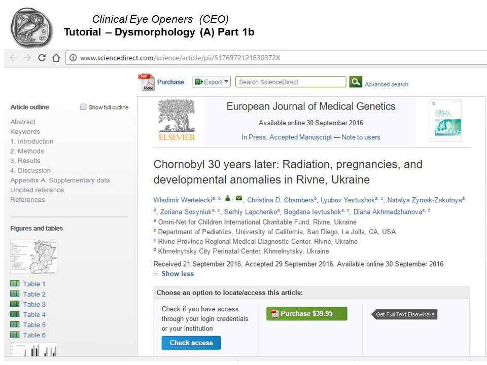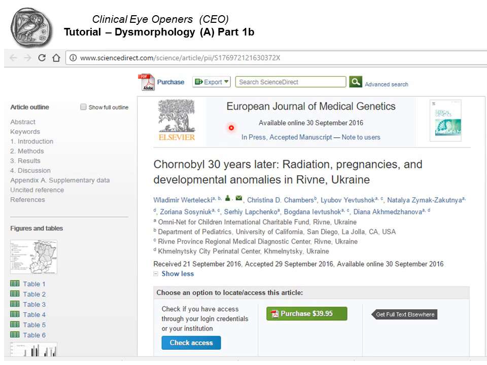In other words, there is a Chernobyl-Rivne syndrome. What are those? They are blastopathies. Blastopathies meaning early anomalies. Which ones? Teratogens, neural tube defects, and microcephaly, a syndrome we could call the Chernobyl-Rivne syndrome, if so you like.